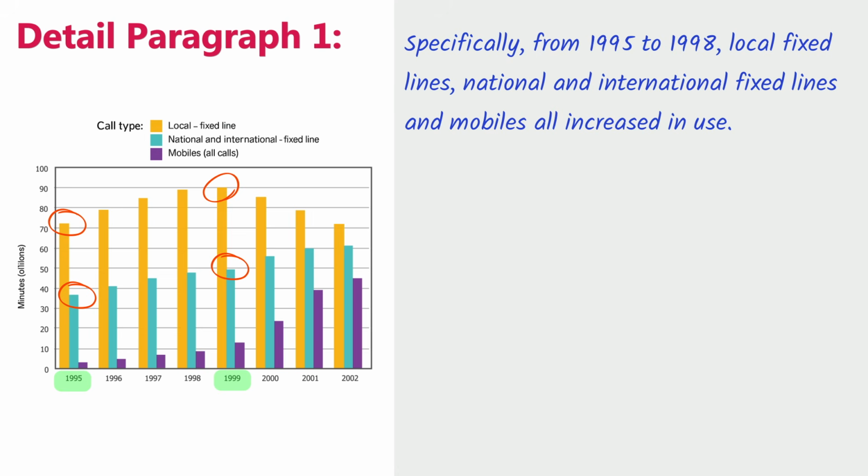And for mobile calls, it has, let's say, the fastest growth. So it was 3 billion minutes in 1995, and by 1998 it was 9 billion. So we can say it was tripled. So it's a good word here, tripled, from 3 billion to 9 billion.